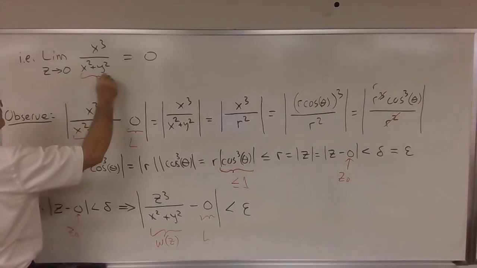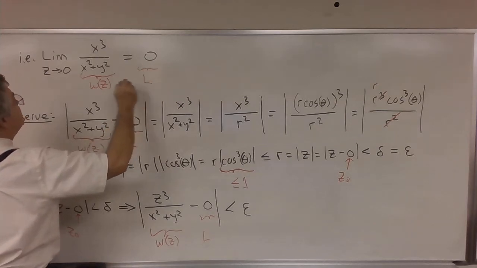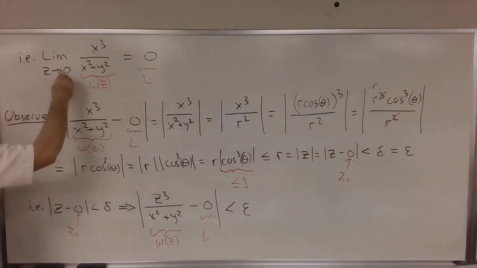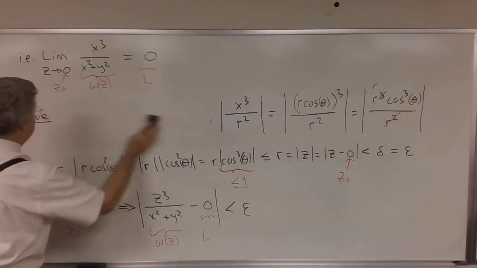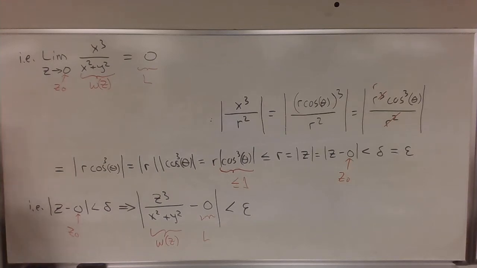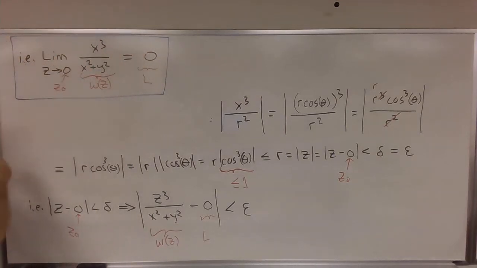So here's my w of z, here's my limit, and here's z minus z naught. So I will encapsulate this to emphasize that this is what we have just shown.